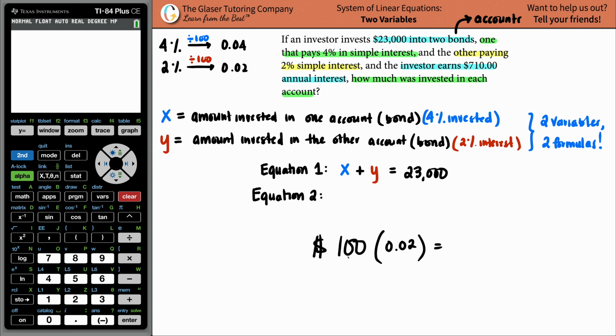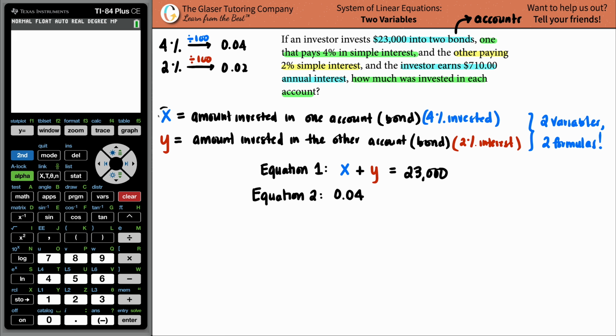Now we know that they said that the total from both of these interests, the investor earned $710 annual interest from the combination of this. So let's put them together. We know that we're going to take the 0.04, the 4% invested one, and multiply it by how much we invested.